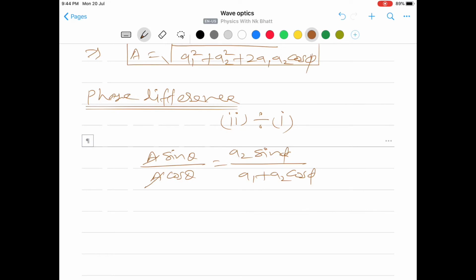Capital A is cancelled, so you will get sin theta upon cos theta, and sin theta upon cos theta is tan theta, which is equal to a2 sin phi upon a1 plus a2 cos phi.